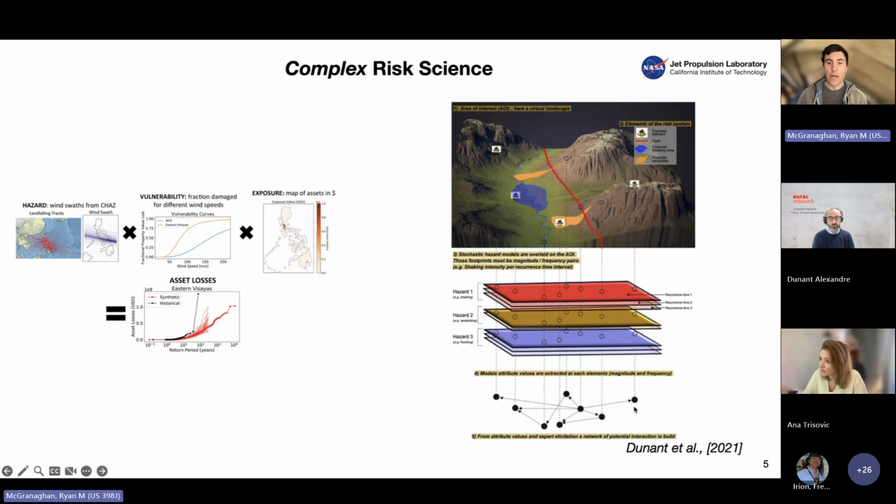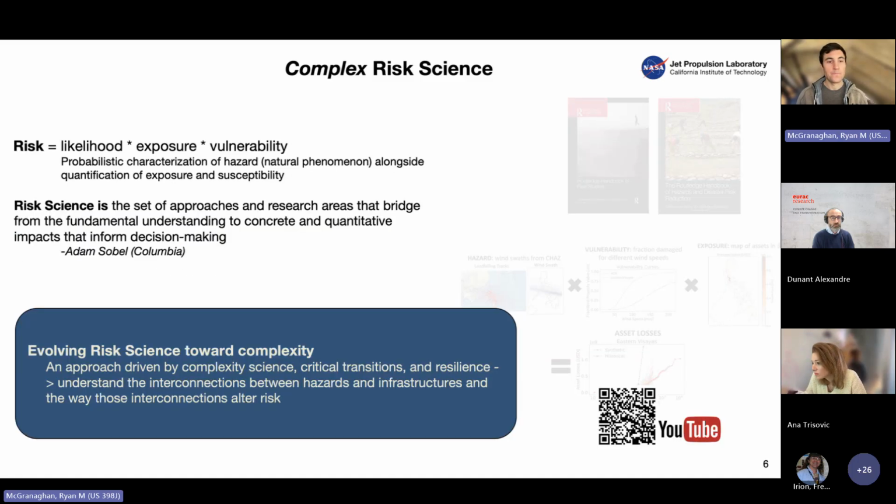How do you start to model that perhaps as a complex network? And how do you start to constitute some of those connections and relationships that exist between these, which is an important next step. So all of this represents our evolving risk science towards complexity, which is an approach that's driven by complexity science, critical transitions, and really understanding and trying to bring about resilience.